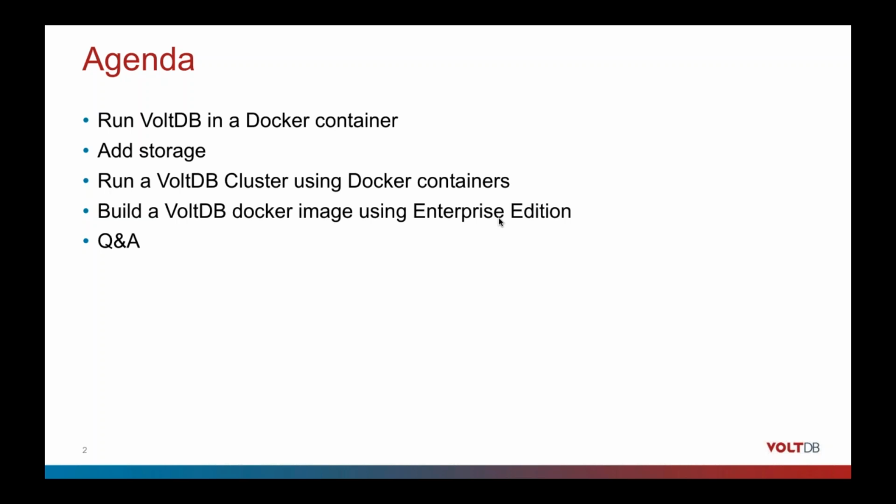So first item is we're going to just do the simplest case. Just run a standalone, just a single container that's got VoltDB running, so we can interact with it and see that we've got a database now. And so maybe to start with, why would you want to do that? Could be for development reasons. Like as part of your development process, you want to run the database.